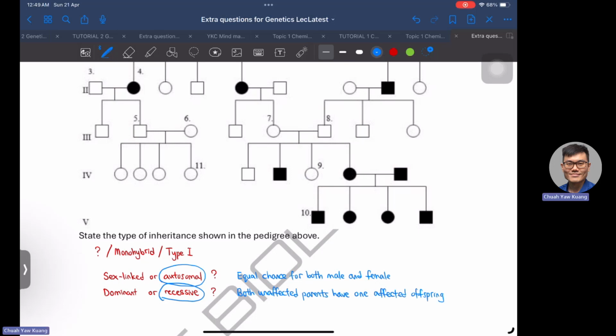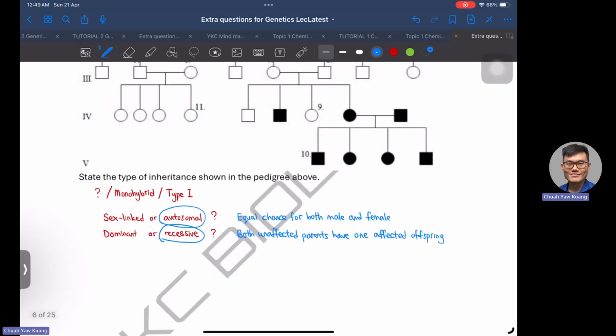So if you want to further know why this is autosomal and why this is recessive, especially recessive, I will show you why. If this is a recessive trait, that will mean what?